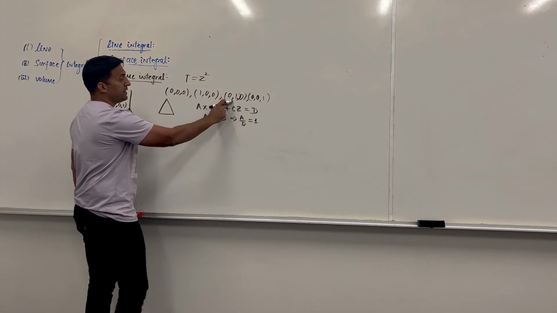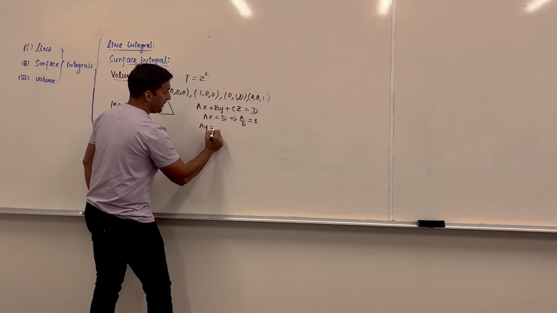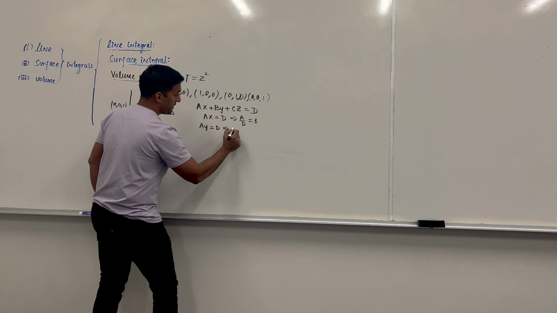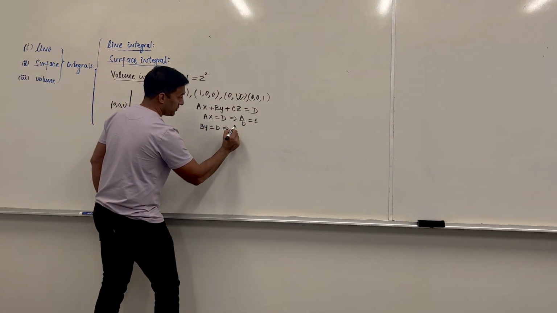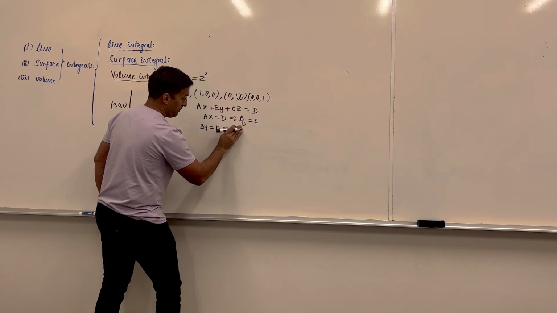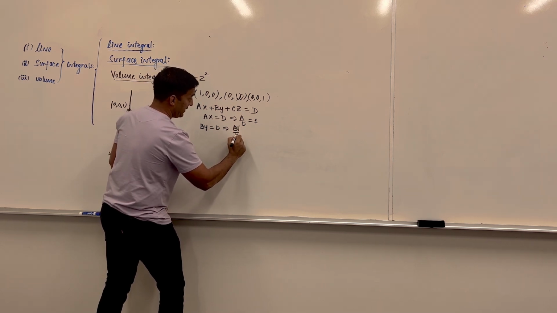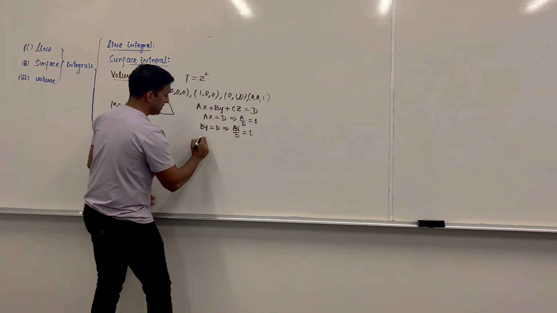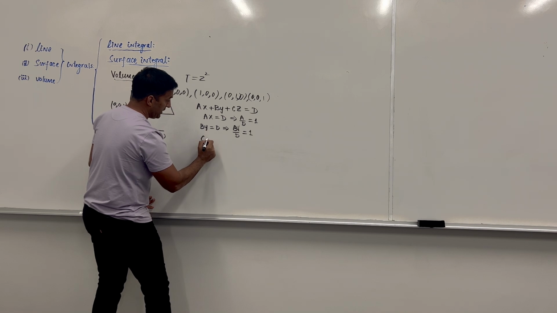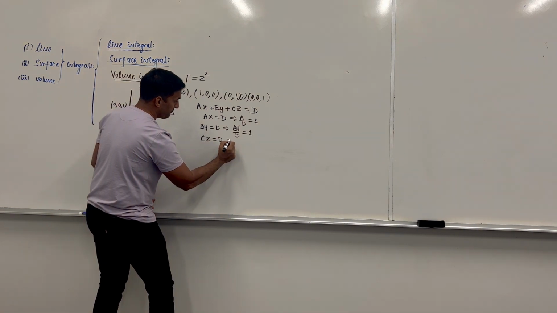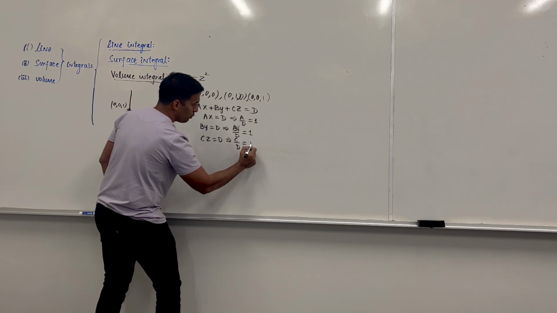When you use 0, 1, 0, this gives you b y equals d, and in this case we have used the constant b, so this gives b divided by d equals 1, because y is 1. And similarly, you do that for the third one, and this gives you c z equals d, and from here you get c divided by d equals 1.